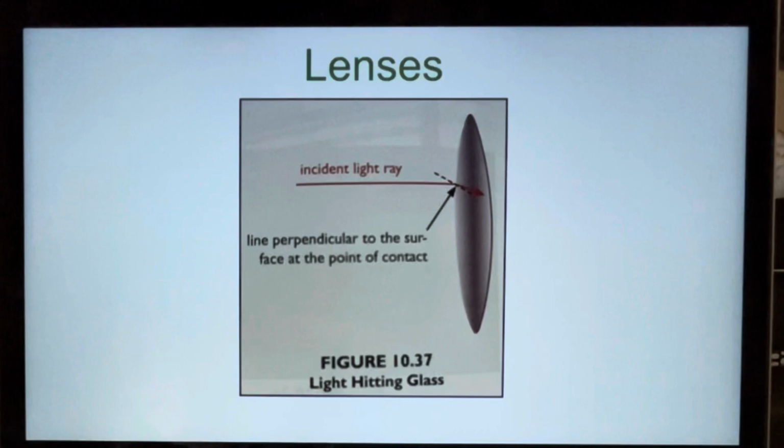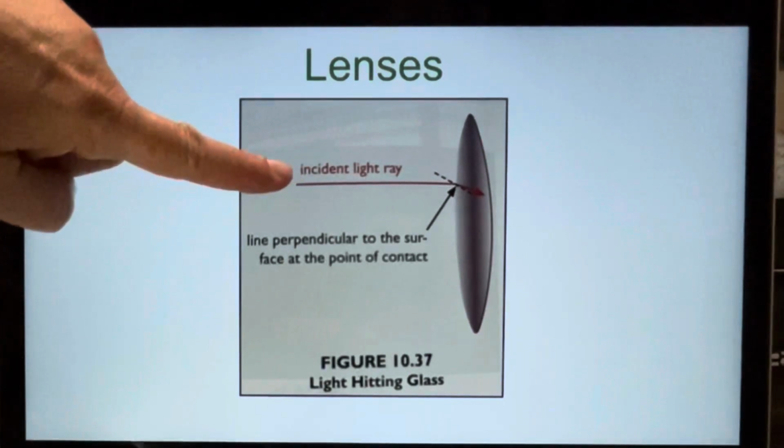The fact that light rays tend to bend when they travel through transparent objects can be quite useful. For example, consider a light ray traveling through the object in this figure 10.37, which is made of glass. When the ray strikes the transparent object, it will be refracted, and this just means that the light is going to bend toward a line perpendicular to the surface at the point of contact.